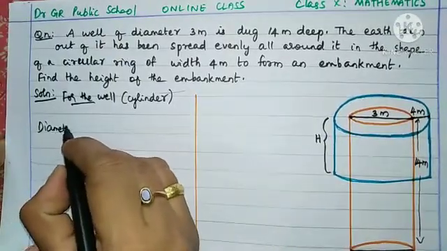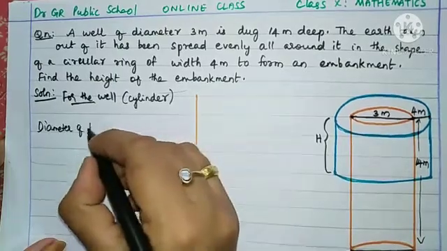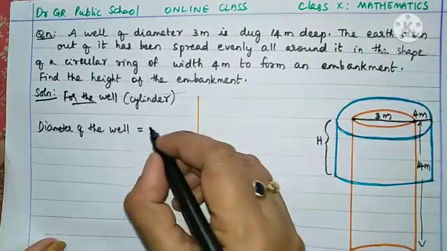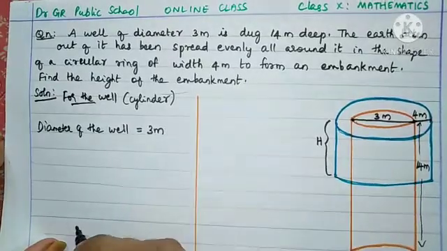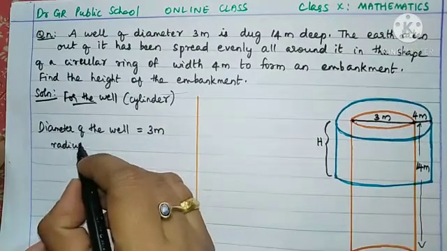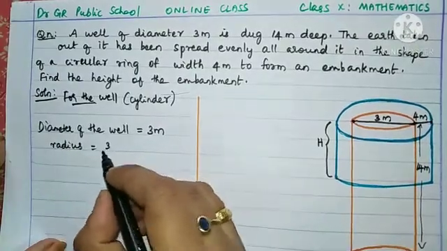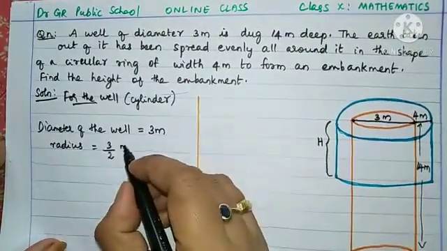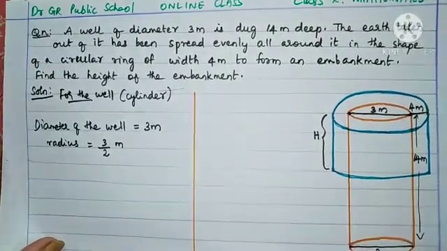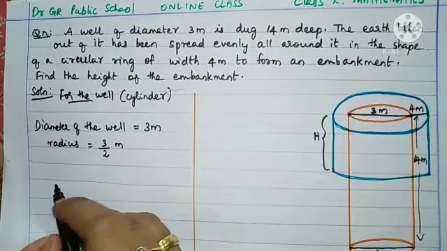Diameter of the well is given. Diameter of the well equals 3 meters. So I am writing the radius, half of it, so that is 3 by 2 meters. So the radius of the well is 3 by 2 meters. Next, what is given?